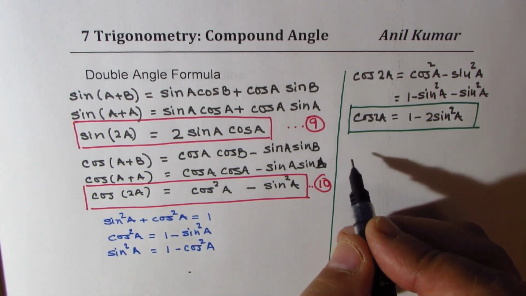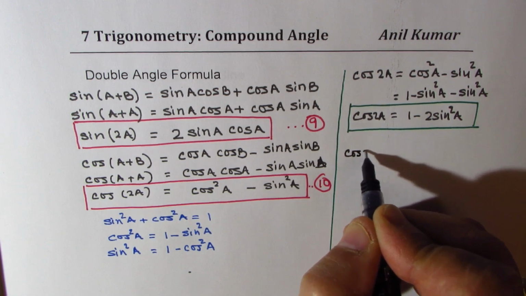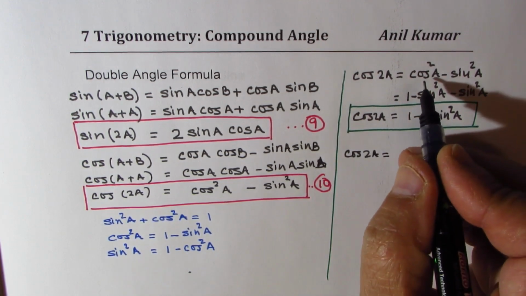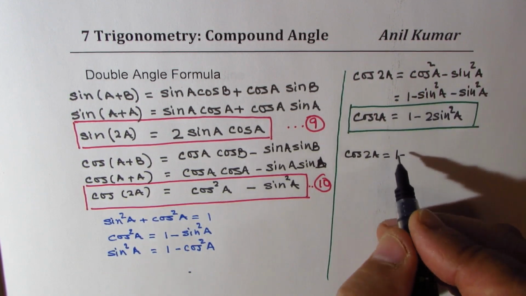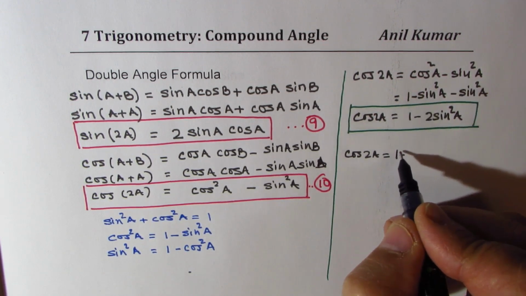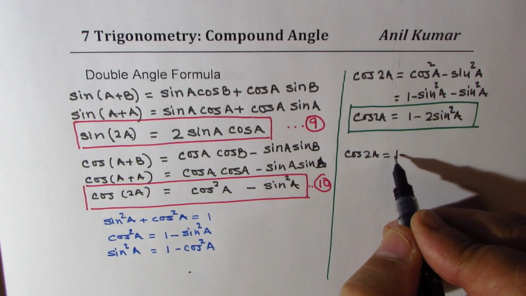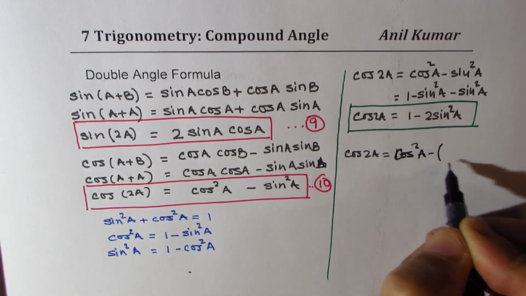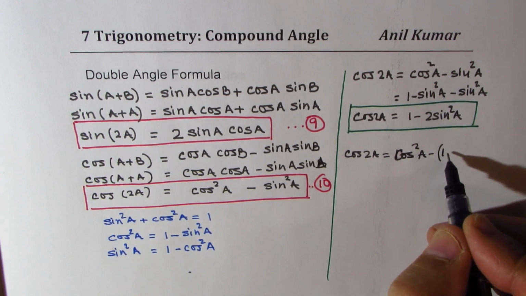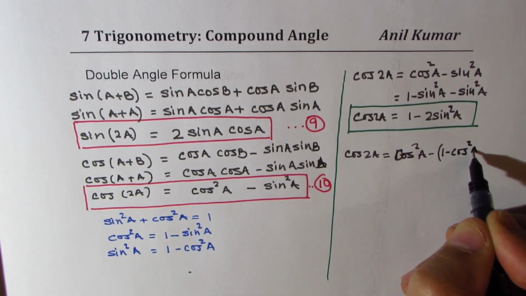If I do the other substitution, cos 2A equals cos square A, replacing sin square A with 1 minus cos square A. Let me rewrite this.